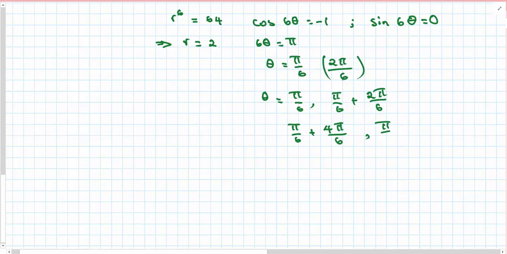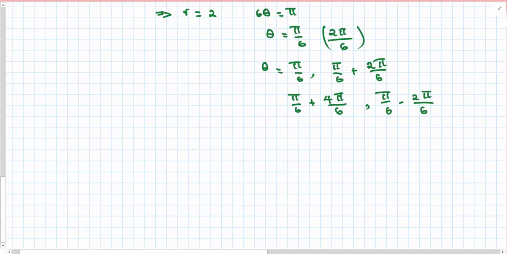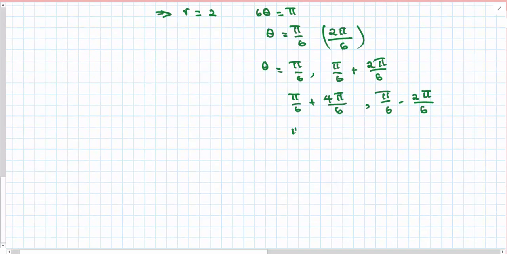That would be pi on 6 minus 2 pi on 6, pi on 6 minus 2 lots of 2 pi on 6's, that's 4 pi on 6, and pi on 6 minus 3 lots of 2 pi on 6, that would be 6 pi on 6.